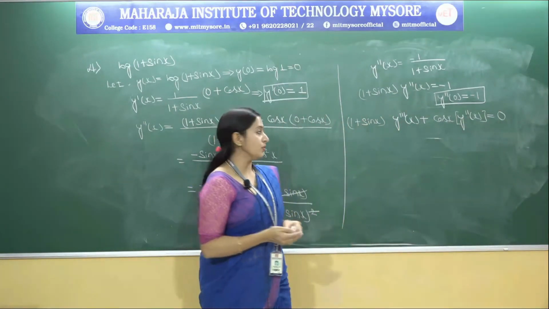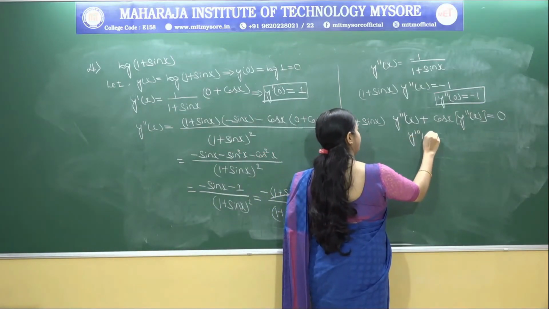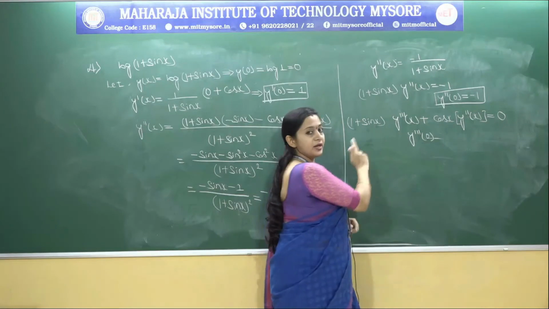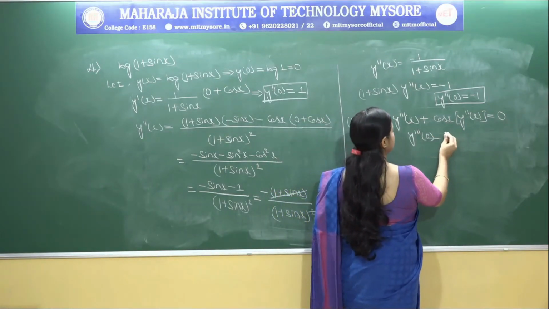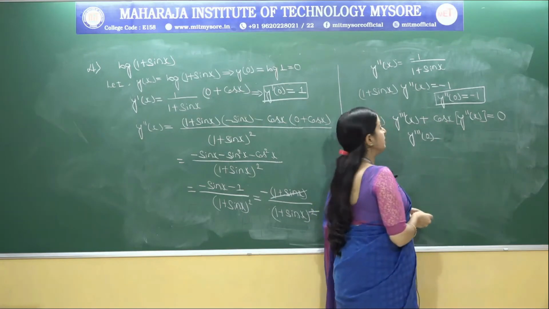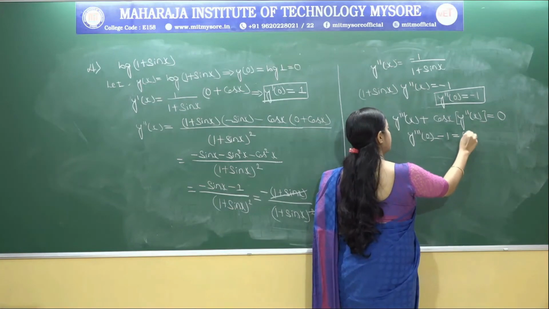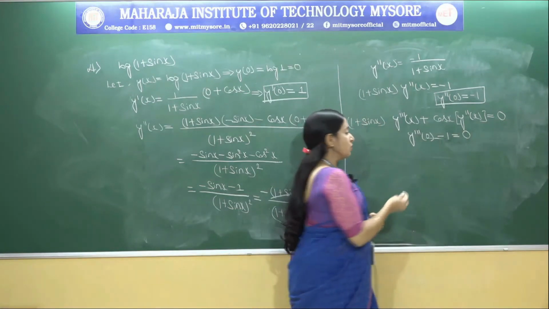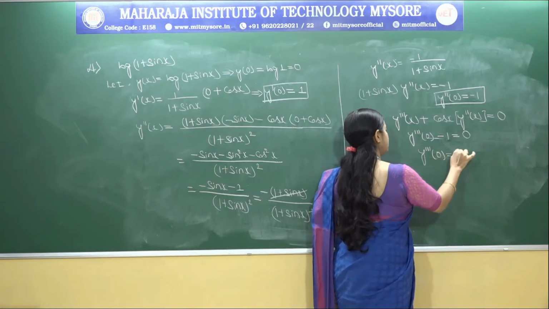Then check the third derivative. So the third derivative of 0, here 1 plus sin 0 you will get 1. The cos 0 is 1. The second derivative term is minus 1. This equals 0. So we will get the third derivative of the given function equals plus 1.